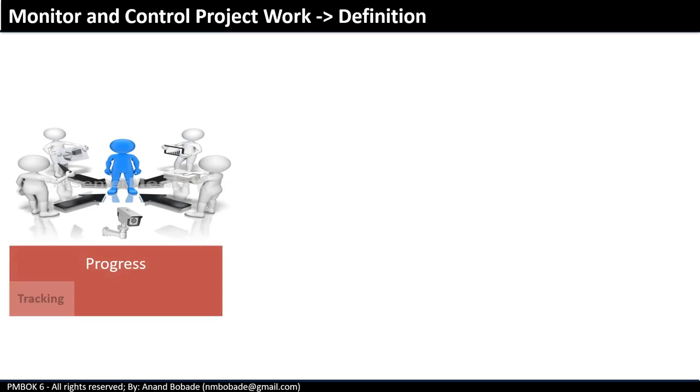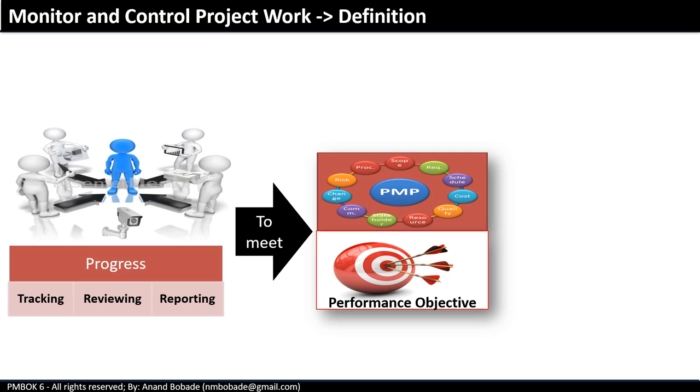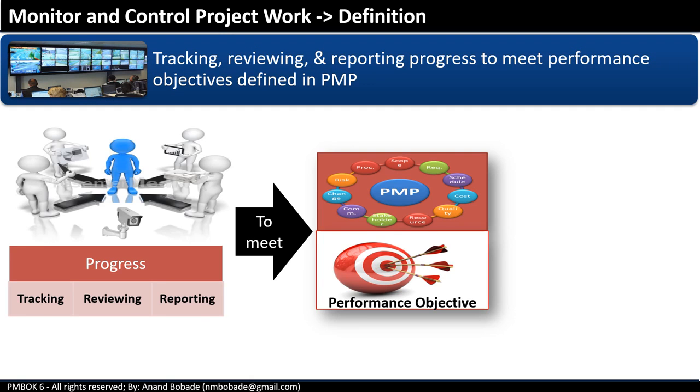Let's check the definition of the monitor and control project work process. This is the process of tracking, reviewing and reporting progress to meet the performance objectives defined inside the project management plan. Very simple. Whatever is agreed and defined inside a project management plan, you need to track and monitor against it.